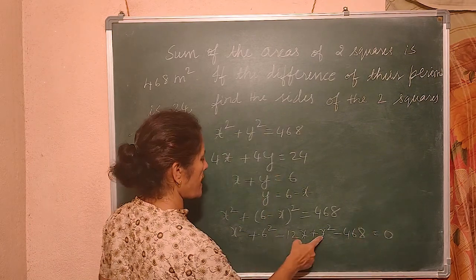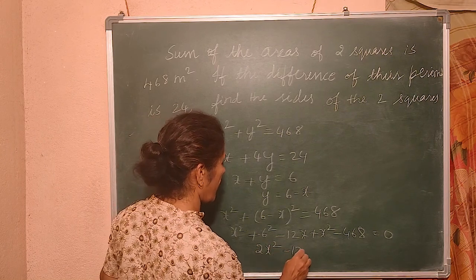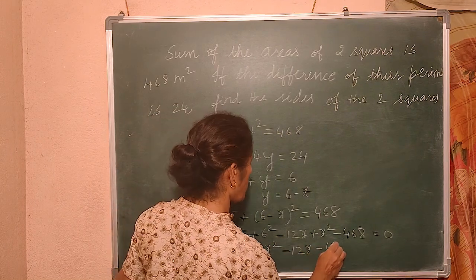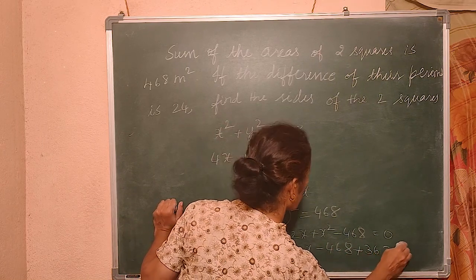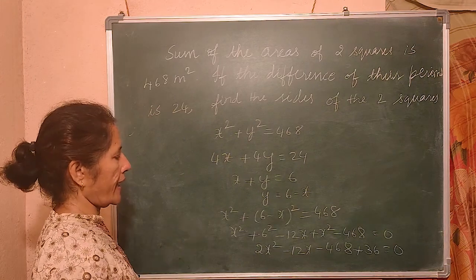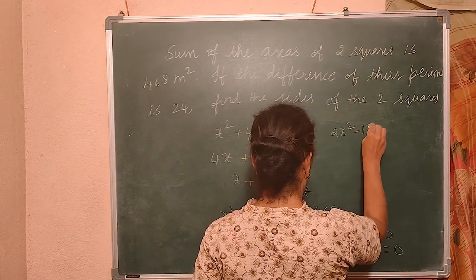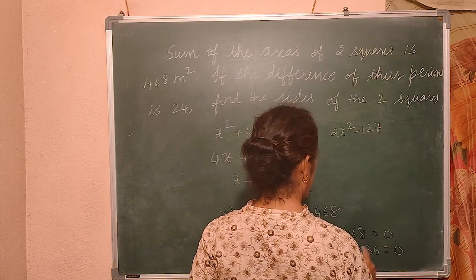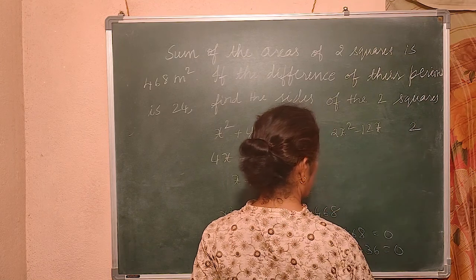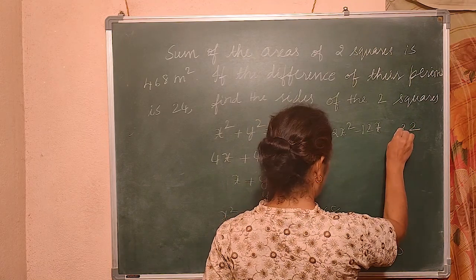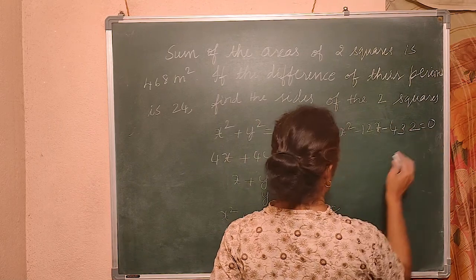So x square plus x square, 2x square minus 12x minus 468 plus 36 is equal to 0. So you get 2x square minus 12x minus 432 is equal to 0.